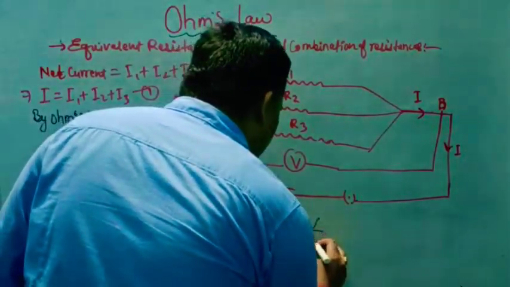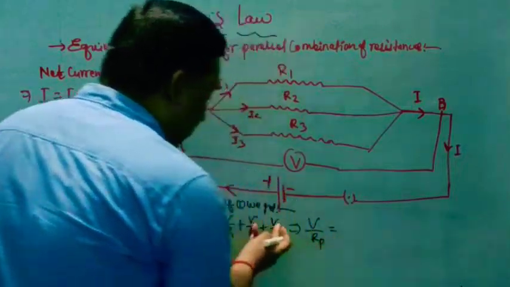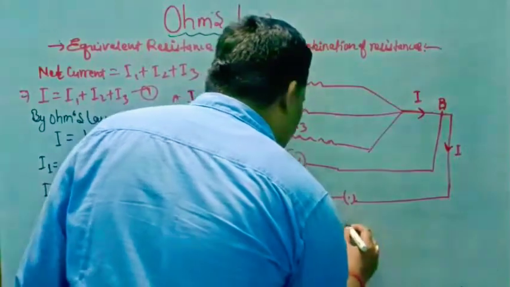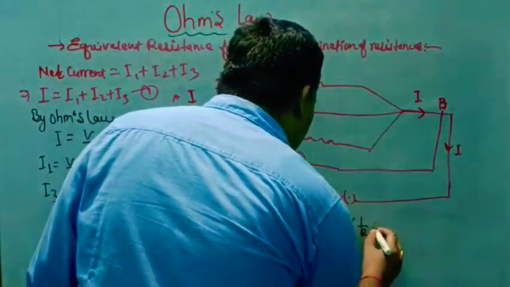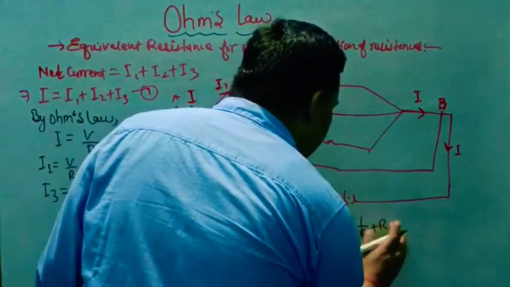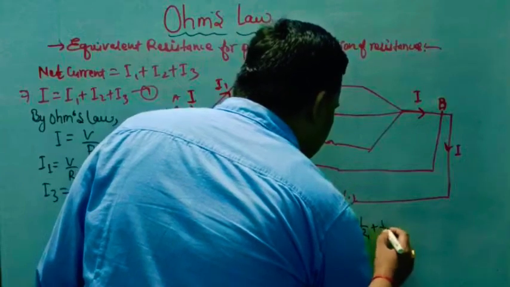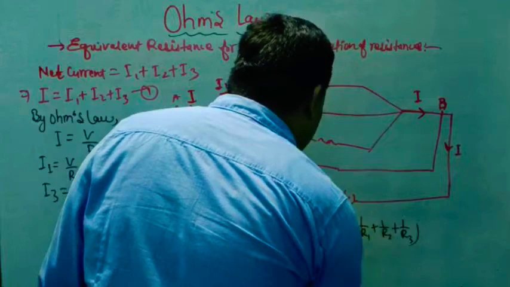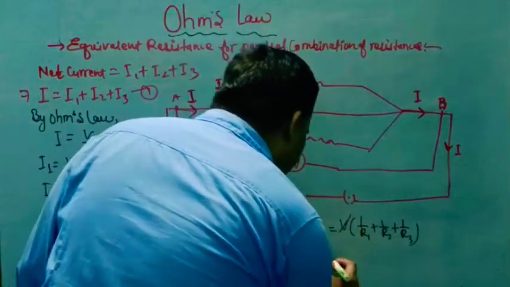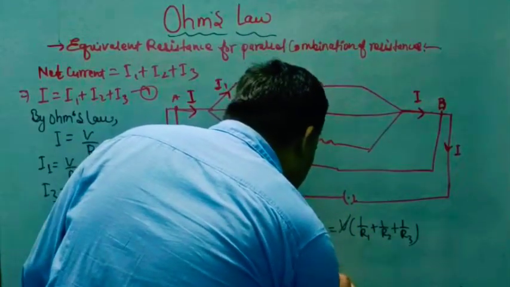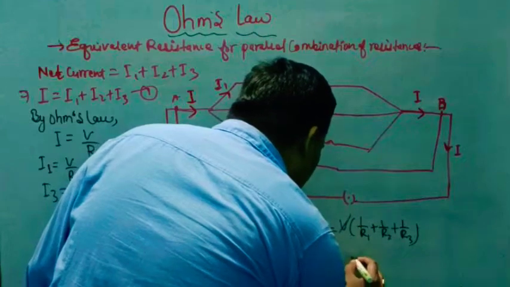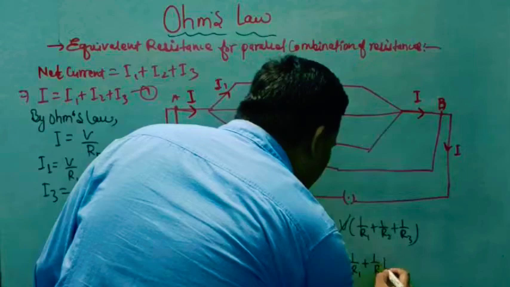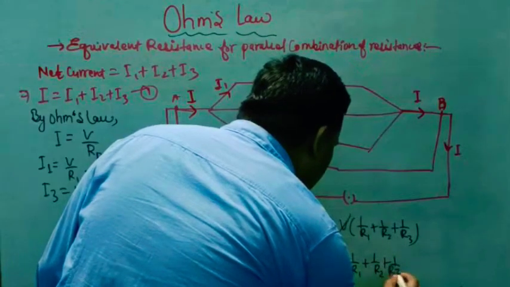implies V upon RP is equal to, taking V common, LHS में से V कॉमन निकालें, सो V इंटू 1 बाई R1 प्लस 1 बाई R2 प्लस 1 बाई R3, cancelling V from both sides, we get 1 by Rp is equal to 1 by R1 plus 1 by R2 plus 1 by R3.